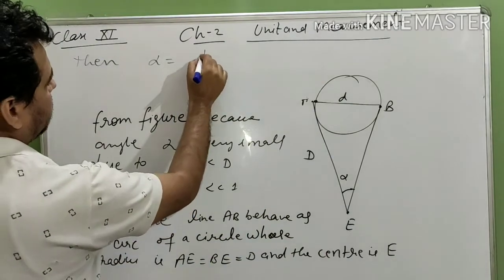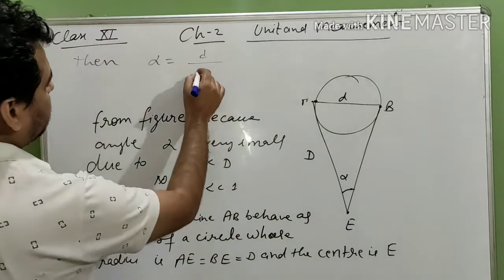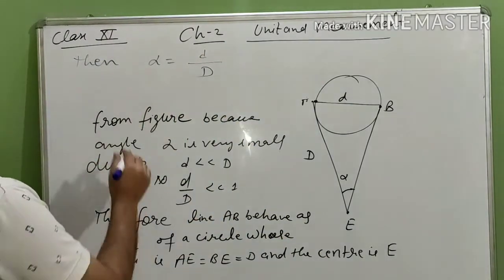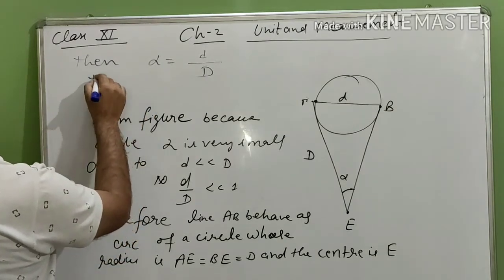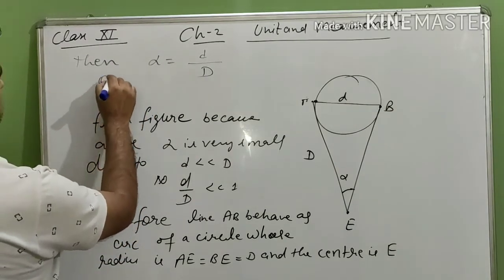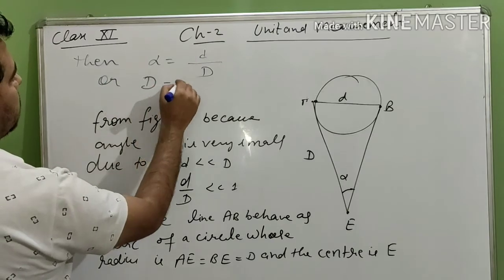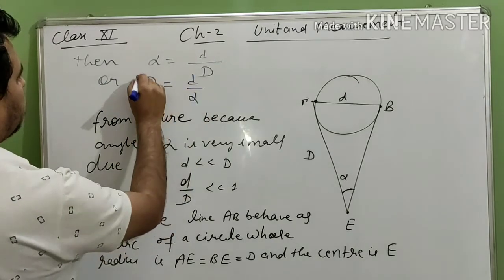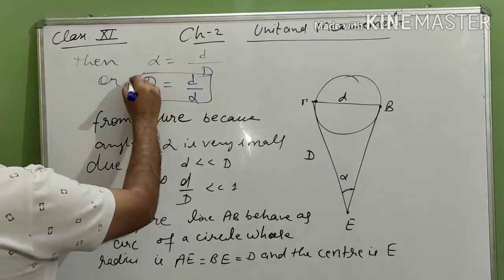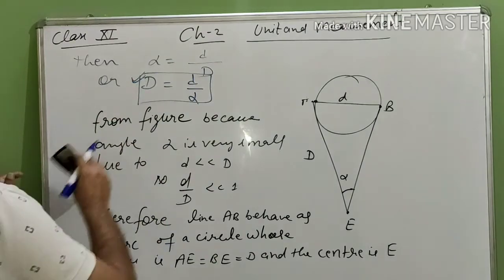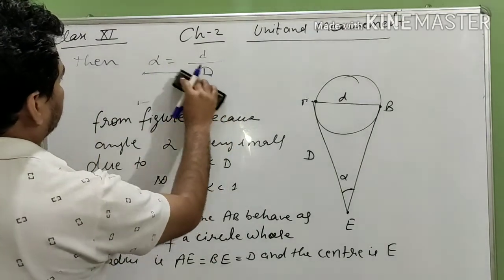So arc will be small d and radius will be capital D. But we have to find out D, so D is equal to d upon alpha. This is the distance, but we want to find the diameter.